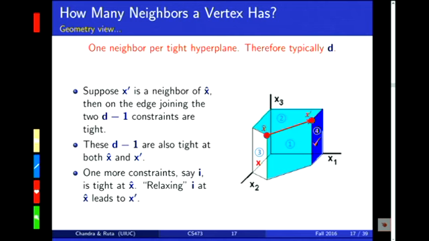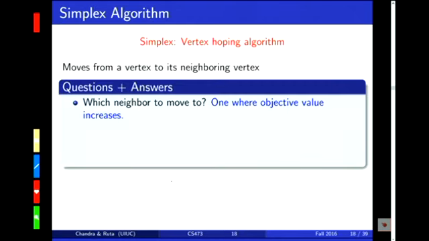So the vertex has d neighbors, so not too bad, right? In every step, we can check if any of the d neighbors have better objective value than the current vertex. If yes, then we can move to one of the better ones, and we can continue. So we got the answers to our 3 questions. Which neighbor to move to? The one where the objective value increases.